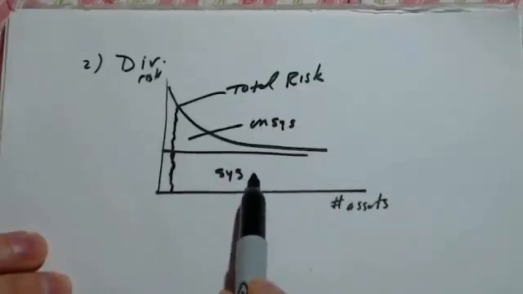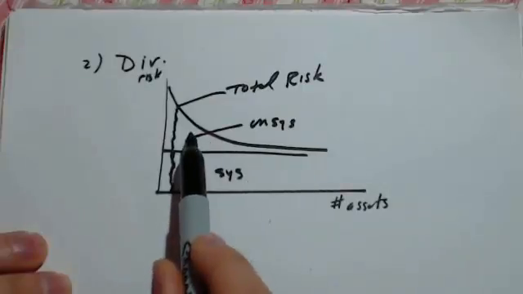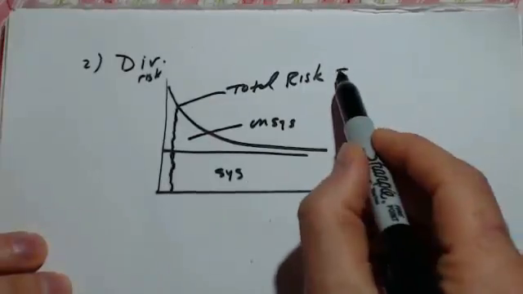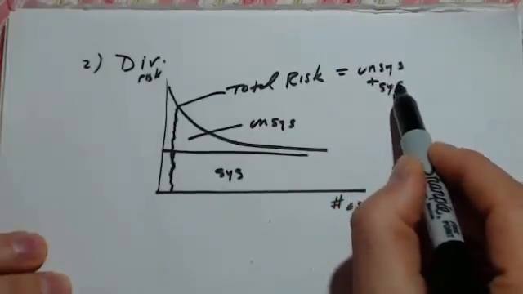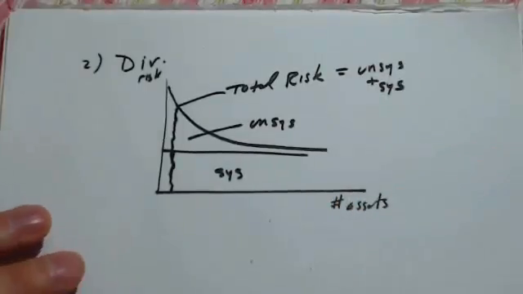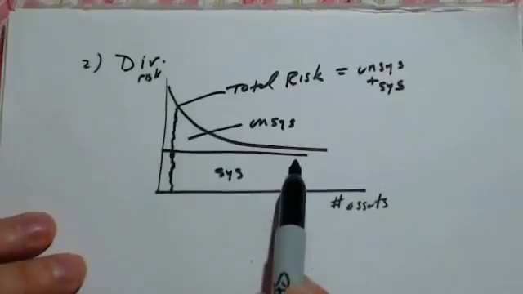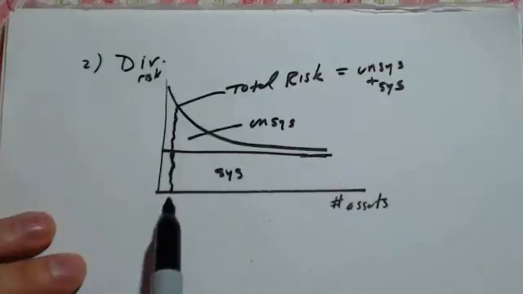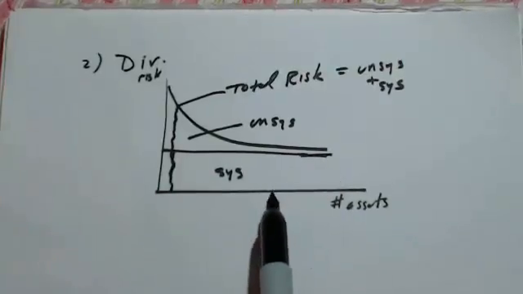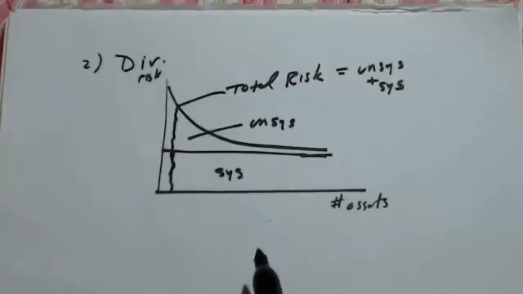And this is macroeconomic risk, and this is company-specific risk, and the total is unsystematic plus systematic risk equals your total risk. Now notice that the risk doesn't get eliminated here. It comes down to a point, asymptotically comes down to a point, and that point is basically the systemic risk that you cannot get rid of, you can't diversify away.